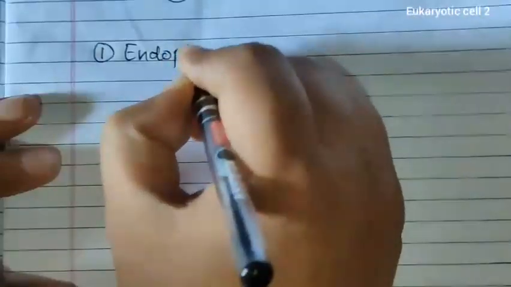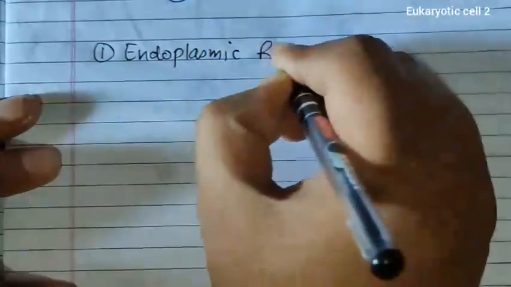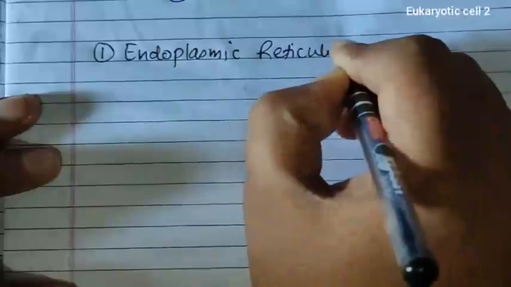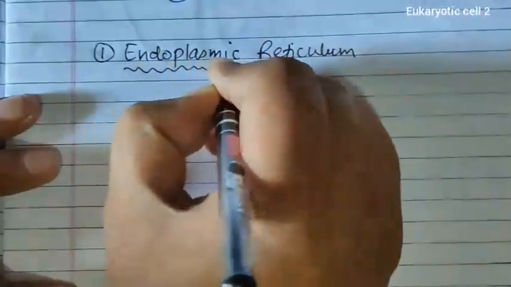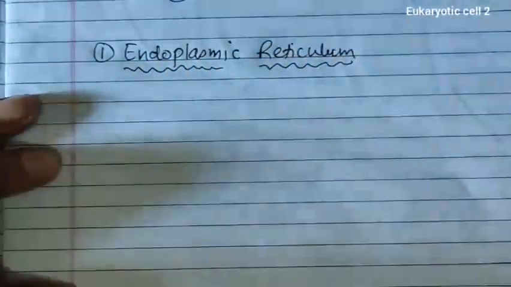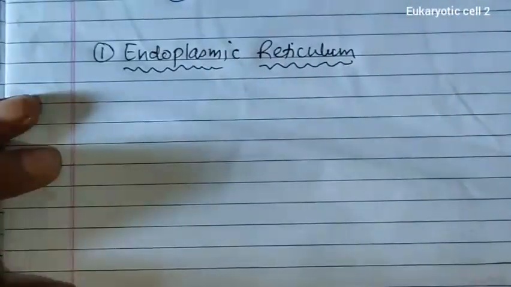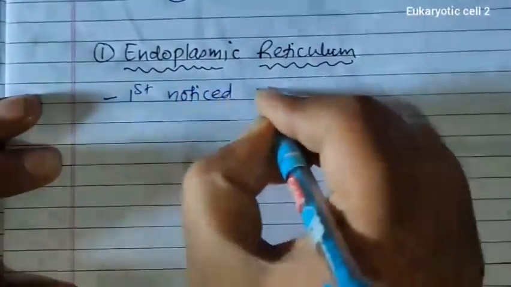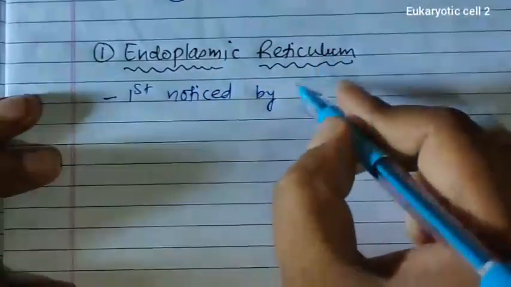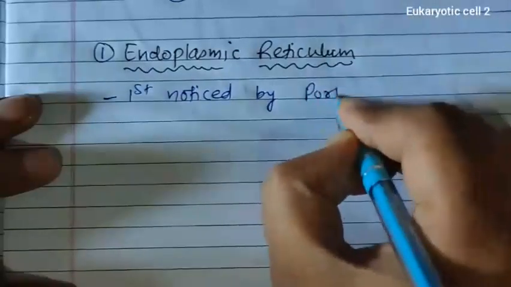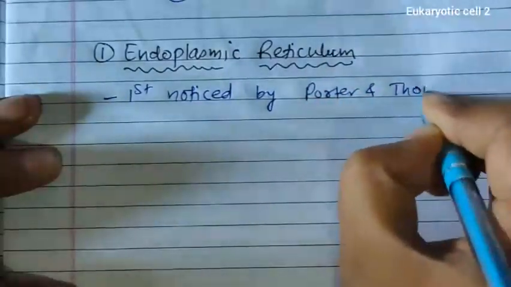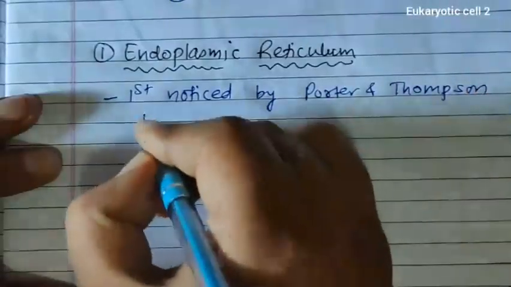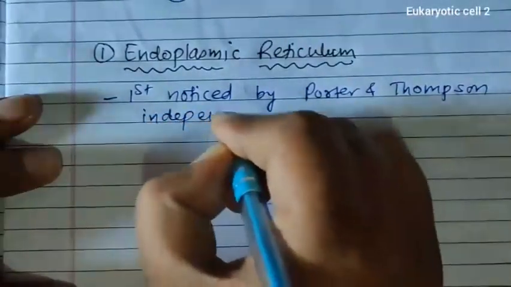So now first we start with endoplasmic reticulum. This endoplasmic reticulum was first noticed by Porter and Thomson independently.